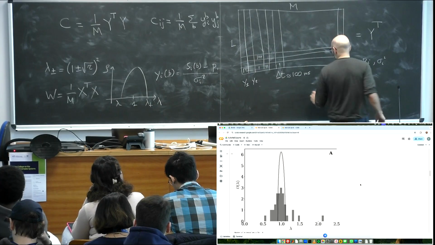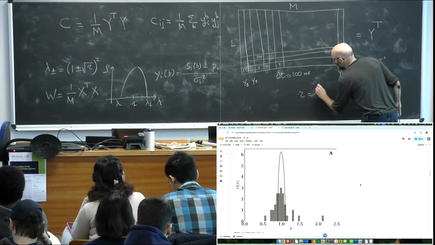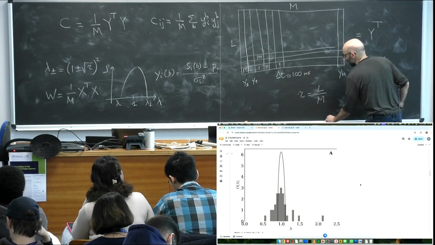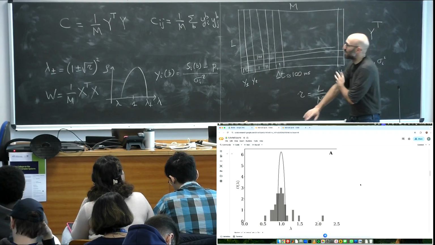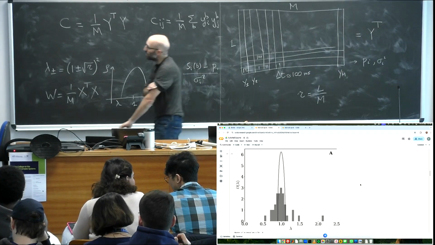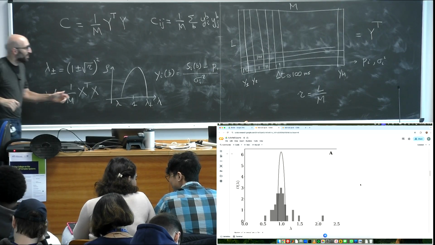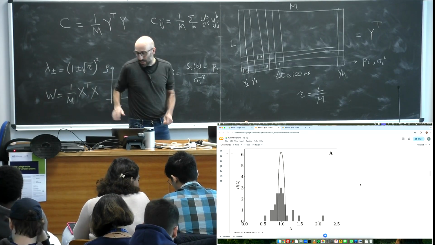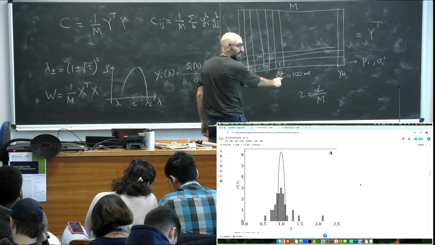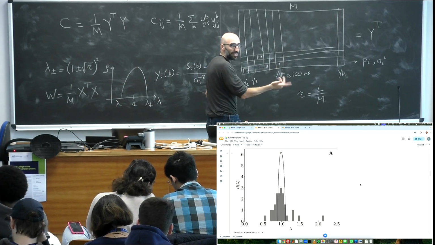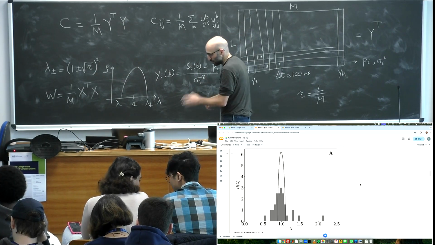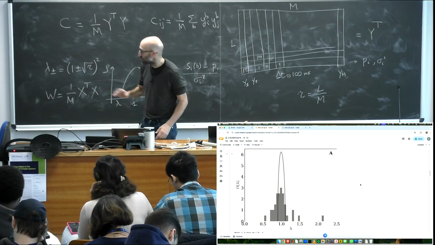So what you expect if there is no signal, if it's all noise, so just the neurons are spiking independently, is the Marchenko-Pastur. And what you see here, in black, is the Marchenko-Pastur spectrum that you expect with the values of L and M that you have here. So L is equal to 37, M is, I don't remember, but something like 2000.